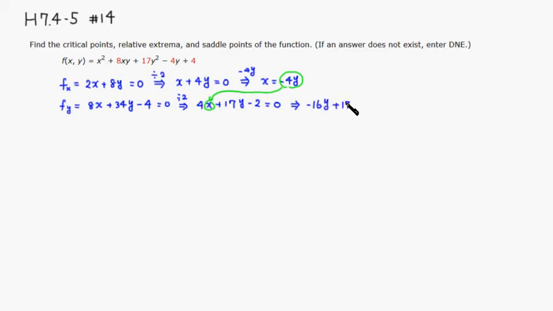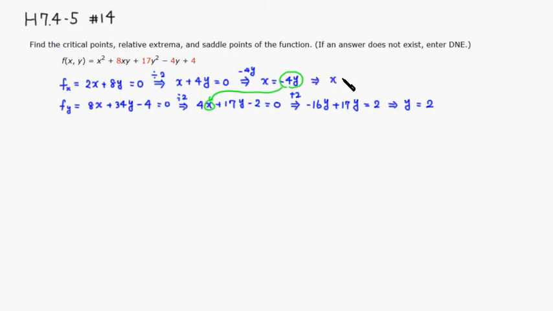That's going to give you y. And I'm going to just add 2 so that the -2 is on the other side, so it's going to be +2. So now we found y, because -16y plus 17y gives you y, and the right hand side is +2.